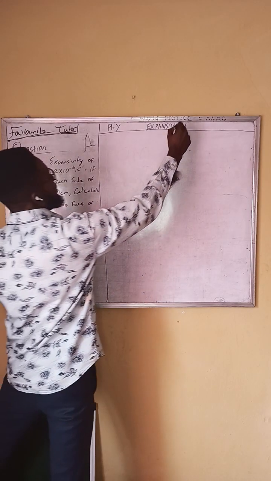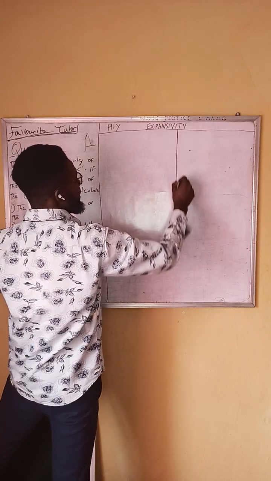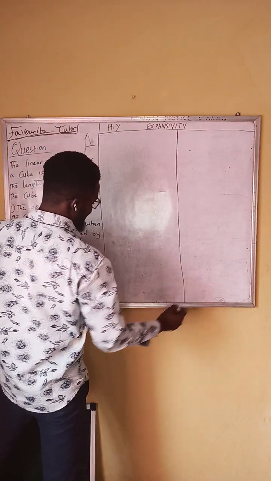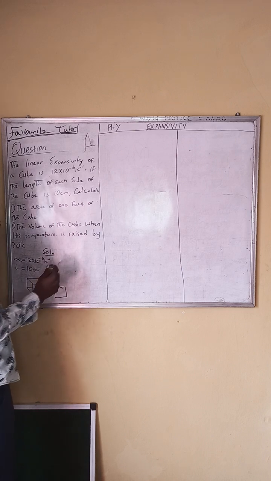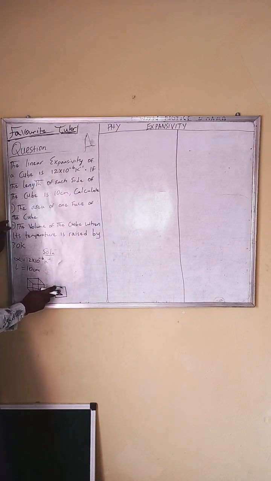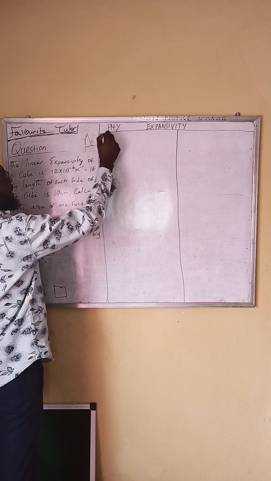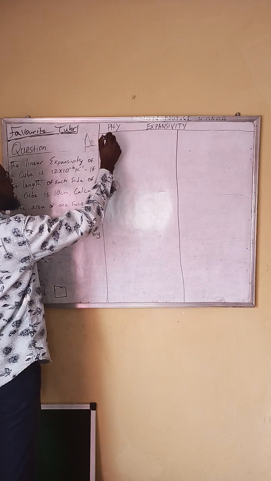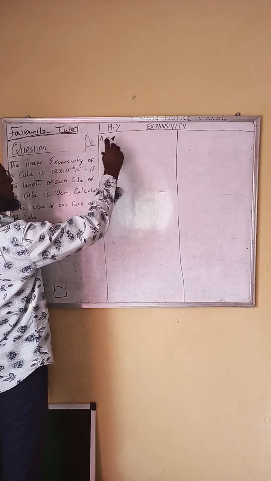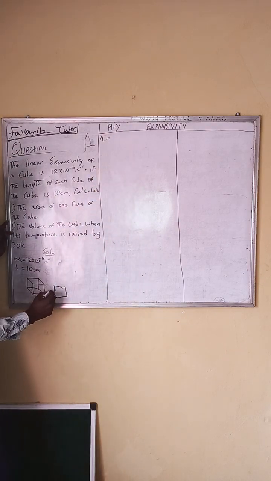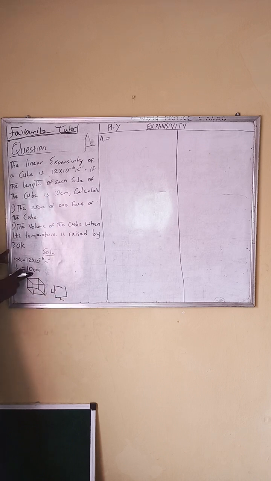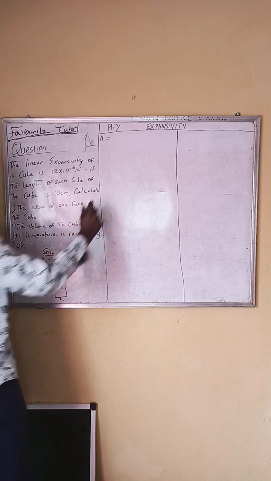Okay, so before the temperature rise, what is the area of this face of the cube? Therefore, area 1, that is before the increase in temperature. Know that the area of a square is length times length, and the length of the cube is 10 centimeter.